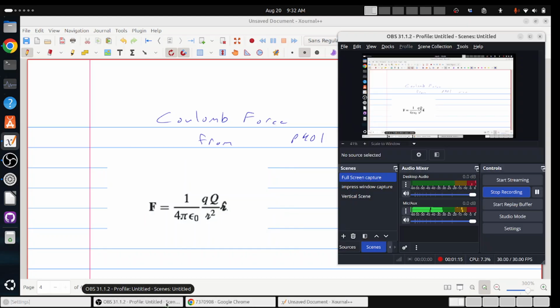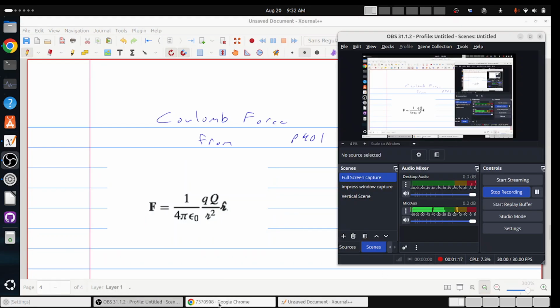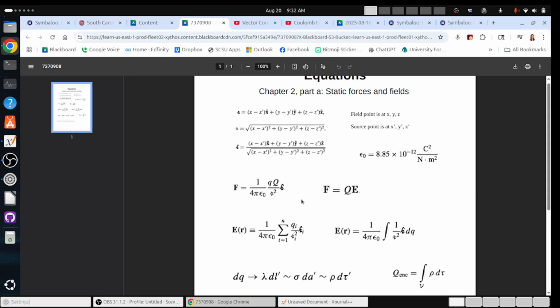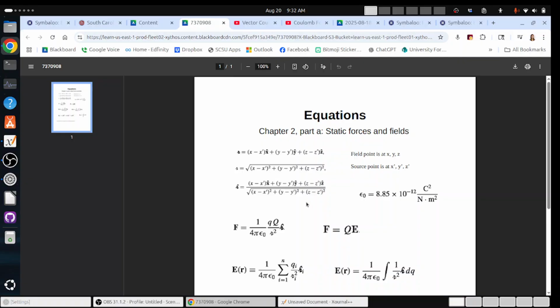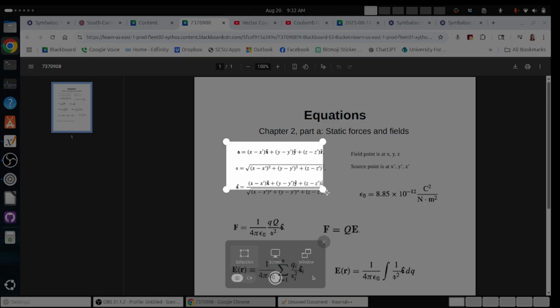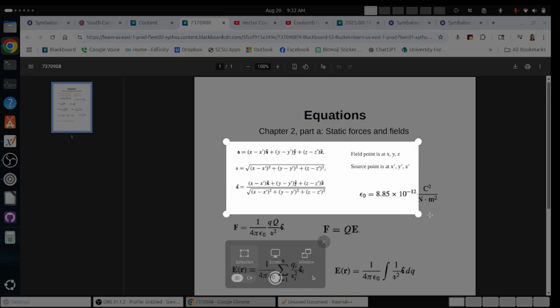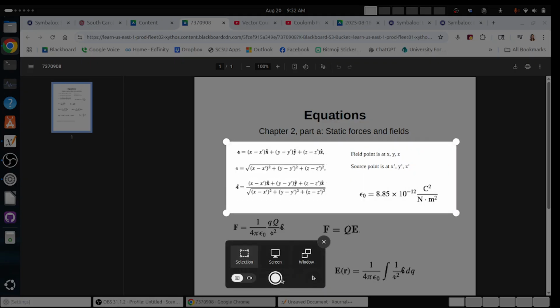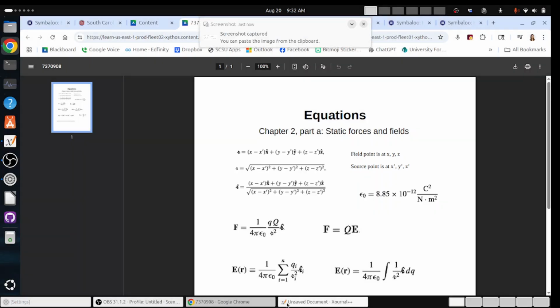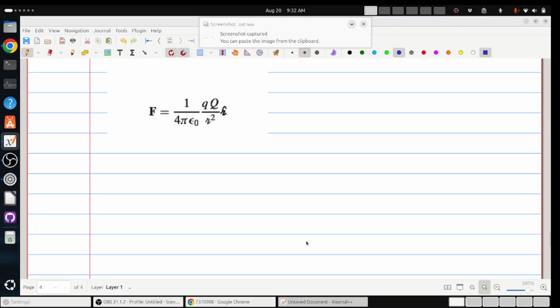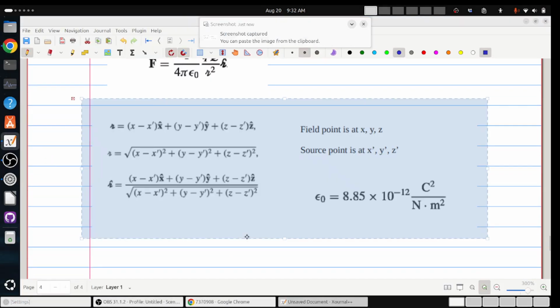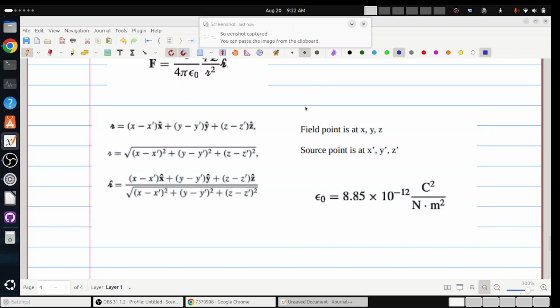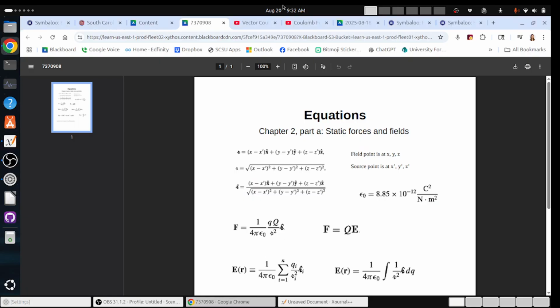And then grab another equation here, actually a set of equations. Okay, so I've got those cut and pasted.